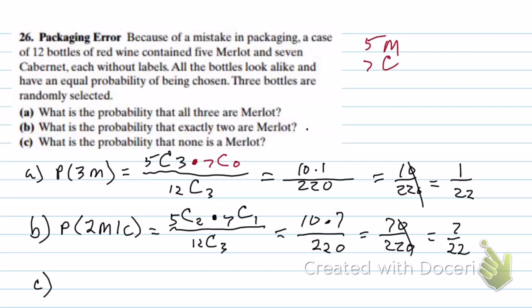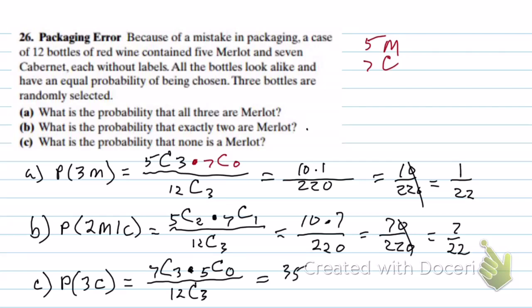Finally, for C, I've got the probability of all 3 of them are Cabernet. So I've got 7 Cabernet that I'm picking 3 from, times 5 Merlot that I'm picking 0 from, over this, which hasn't changed, which is going to give me 35 times 1 over 220.